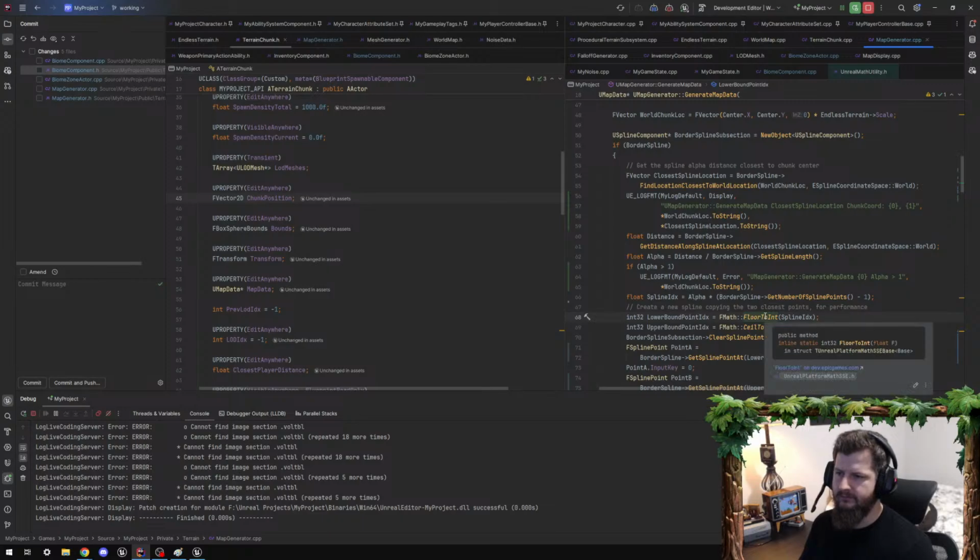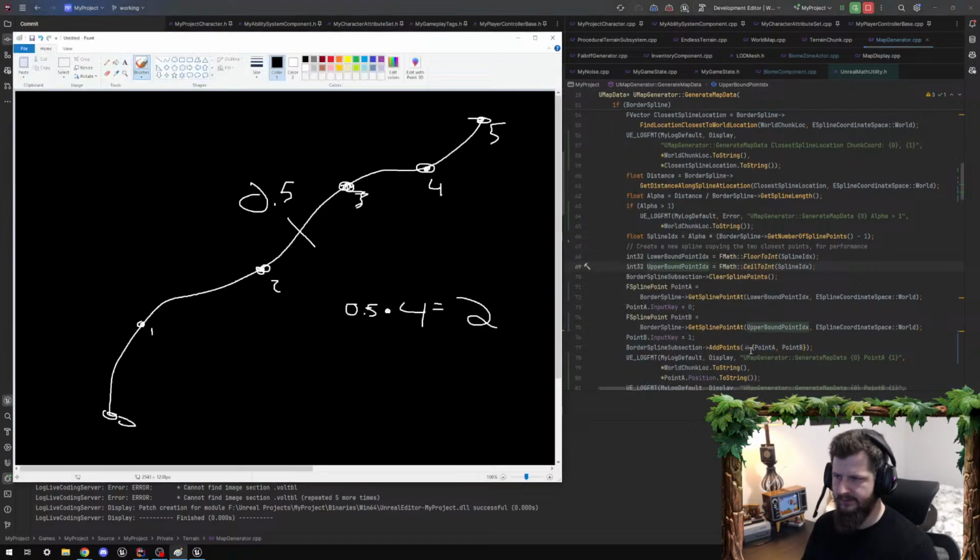Floor to int. So I guess there's a scenario where I need to add one to the upper bound index, if it's 2, but what I want is that spline, right?